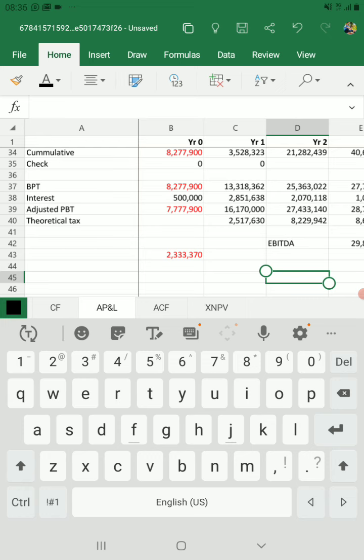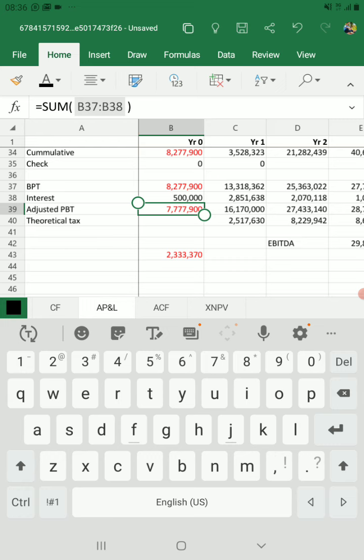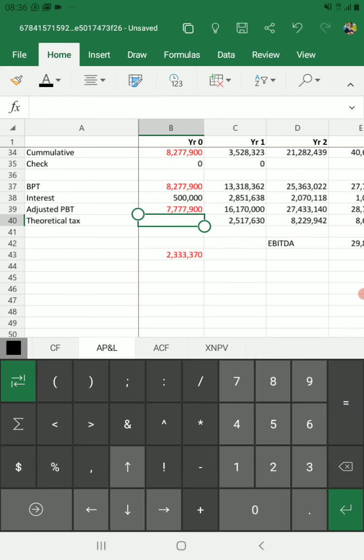To rectify this, when we computed my approach, for theoretical tax I said it's 0 because we have a loss.